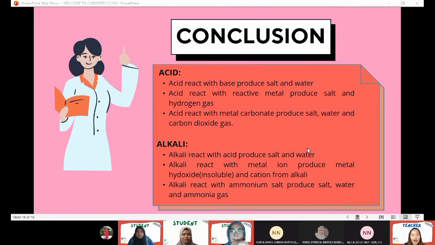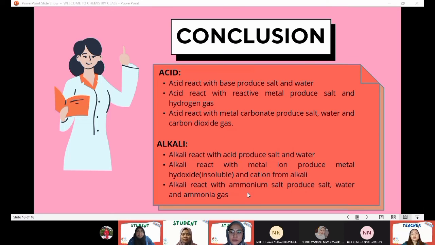For alkali, alkali reacts with acid to produce salt and water. Meanwhile, alkali reacts with metal ion to produce metal hydroxide, which is insoluble, and cation from alkali. And the last one is alkali reacts with ammonium salt to produce salt, water, and ammonia gas.